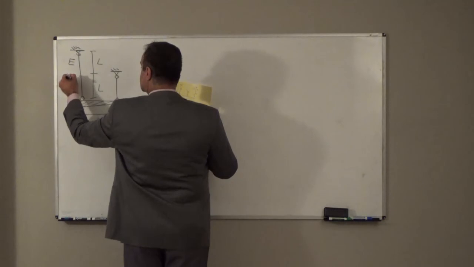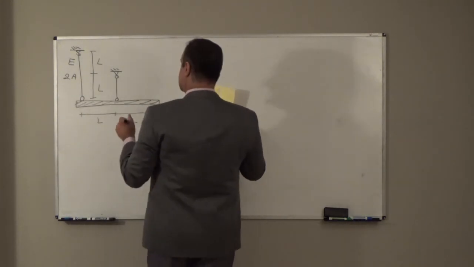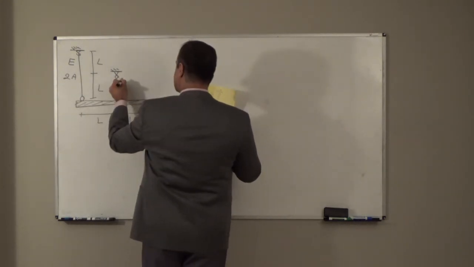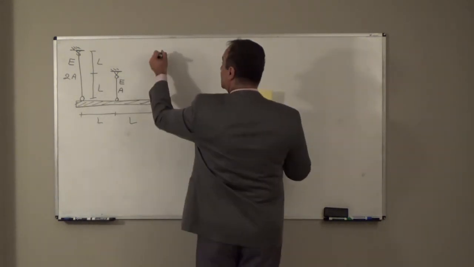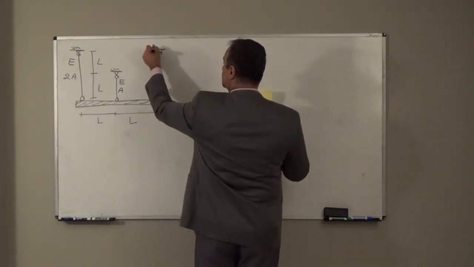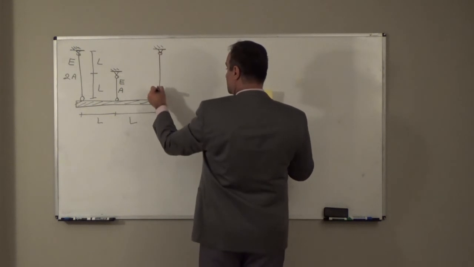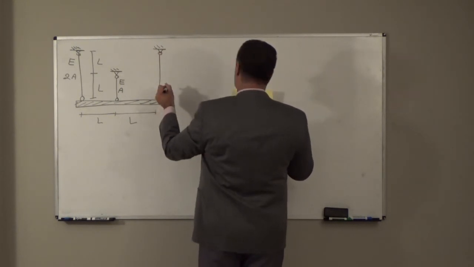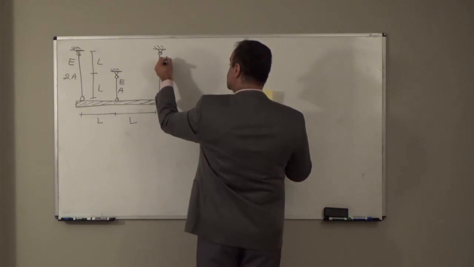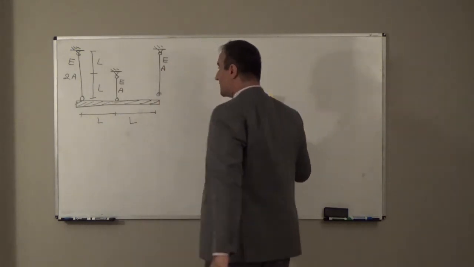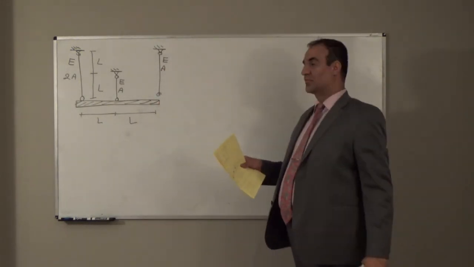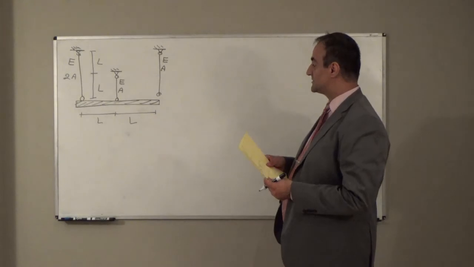Cross-sectional area is 2A. Young modulus for this member is E. Cross-sectional area is A. We have another member here. Young modulus is E. Cross-sectional area is A. This is 2A, A. Young modulus is E for all three members.